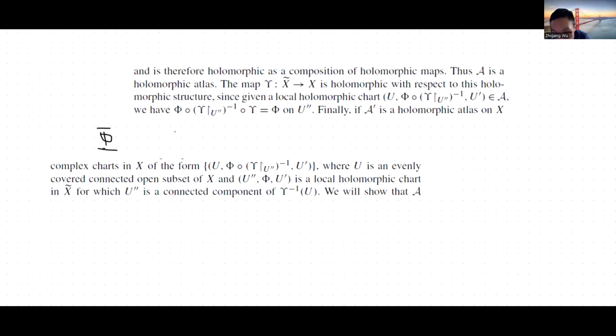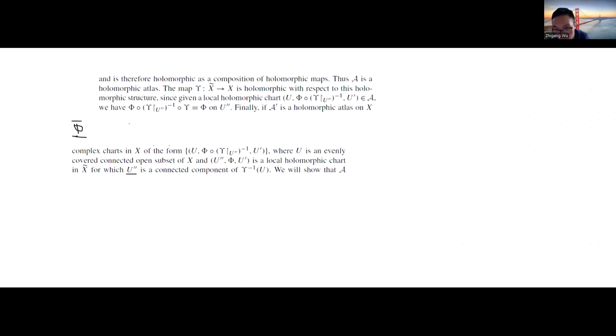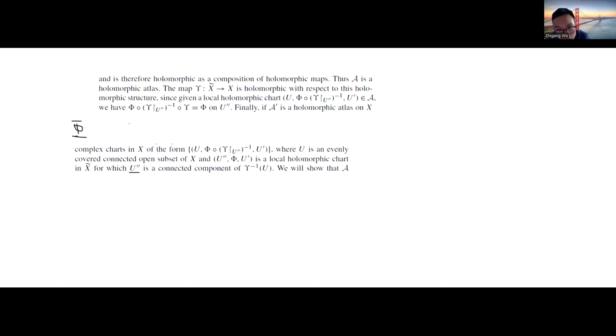This phi basically starts from a connected component U double prime of gamma inverse U, and then it maps to an open set U prime.